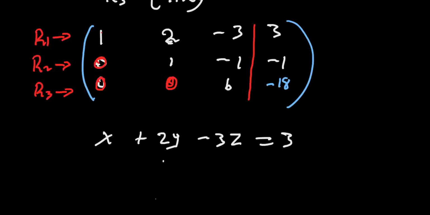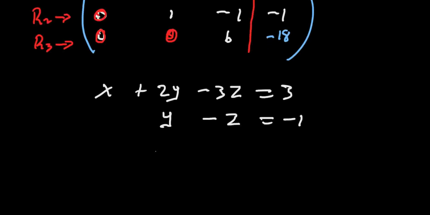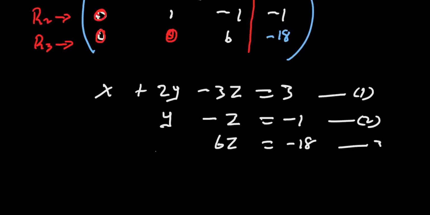So y is 1, so y minus z is equals negative 1. And then for the third row, x is 0, y is 0, and then we have just z, so 6z is equals to negative 18. All right, so now you can call this equation 1, and this is equation 2, and this is equation 3.